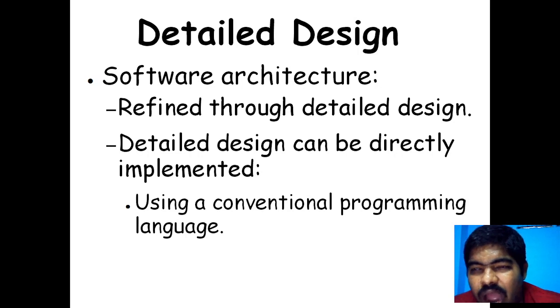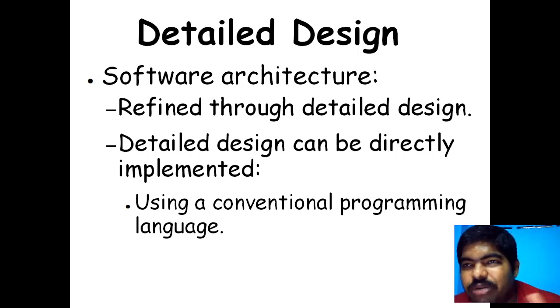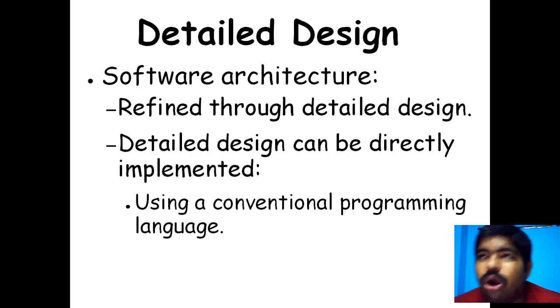Now, after giving that software architecture, after representing the flow of operations or whatever the actions that are being represented with that software architecture, now all those operations are to be transformed into code.